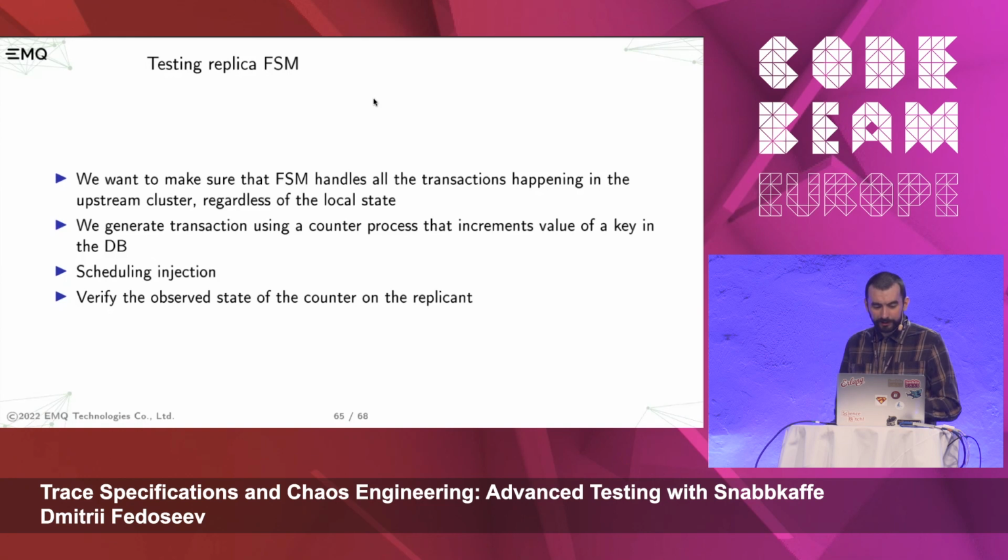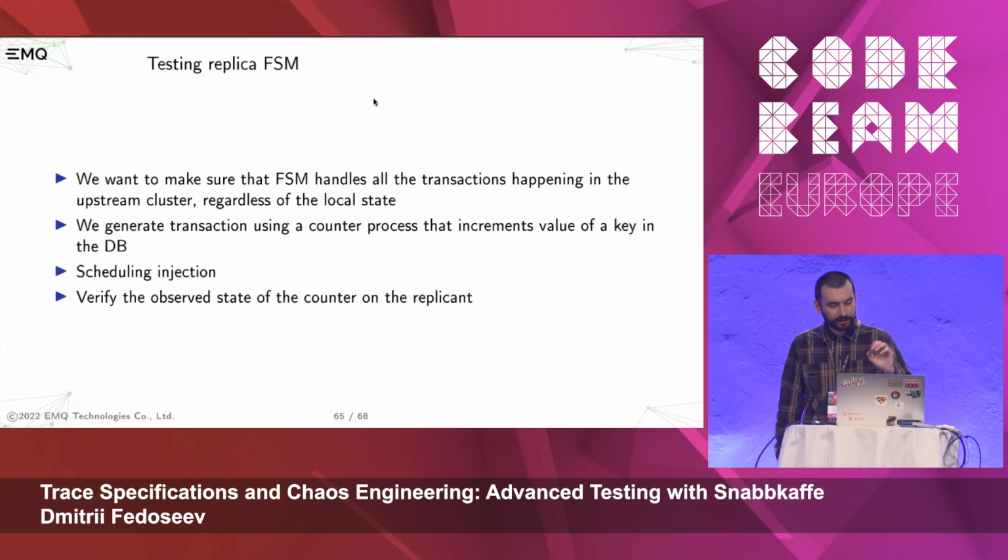I'll finalize this presentation by giving an example of scheduling injection. We want to make sure that the replica state machine handles transactions correctly when it's in all of these possible states. We generate transactions using a process that increments a counter in the database.